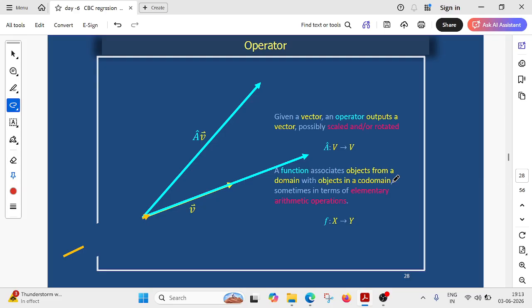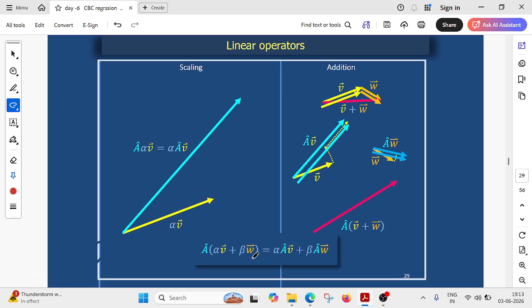A function which associates objects from the domain with objects in the codomain, sometimes in terms of elementary arithmetic operations, from x to y. So that we can see as a function. Now we can see scaling only. Here, addition, linear operator, scaling. A alpha V bar into alpha, you need to get that, and then AV you'll get it.